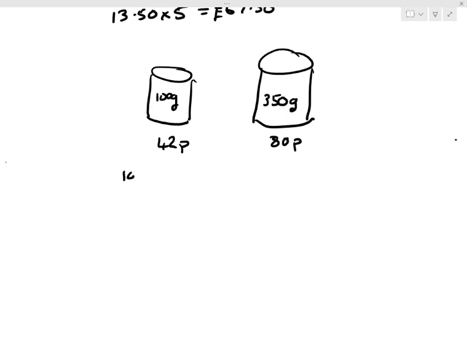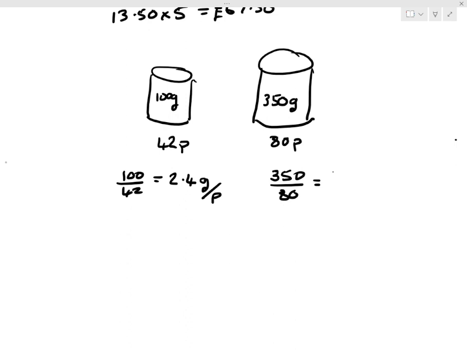So we do 100 grams divided by 42 equals 2.4 grams per pence. And this one is 350 divided by 80. So look at that, 350 divided by 80 is 4.3.